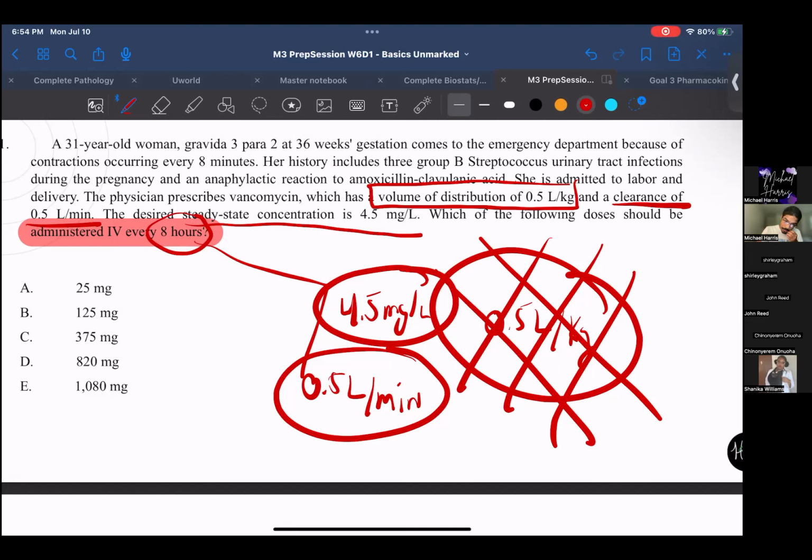Any questions on any of that? So with that being said, what answer do you get? What answer did you get? Mind you, this is in hours. This is in minutes. So you have to augment the numbers. You end up with E as your answer. Okay? Good.